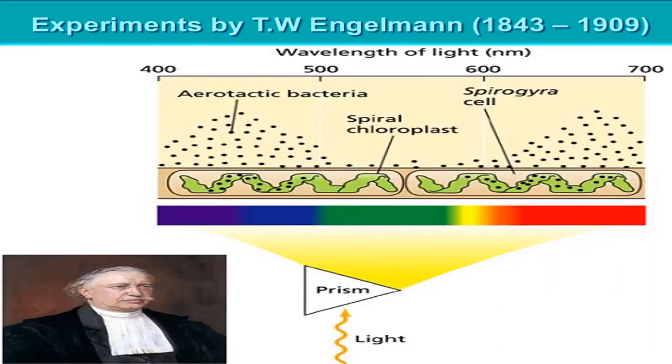Next is the experiment done by T.W Engelmann, 1843 to 1909, and for his experiment he used a prism. With the help of this prism he split light into its spectral components. As you can see here, these are different colors, different spectral components when light passes through the prism, right? Now he illuminated Cladophora, an algae.